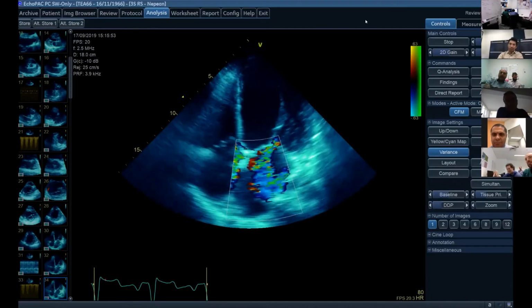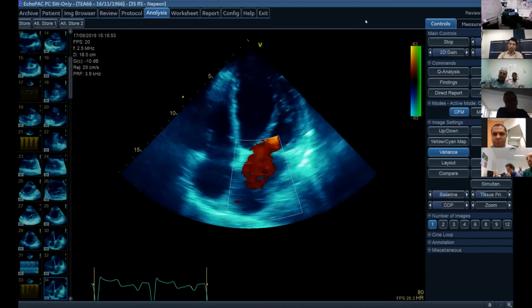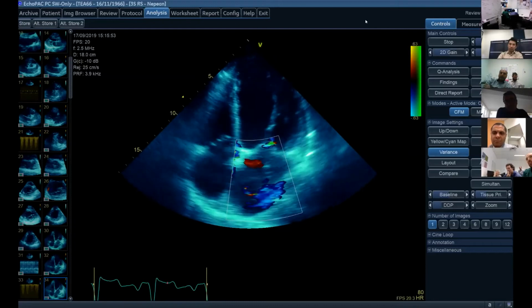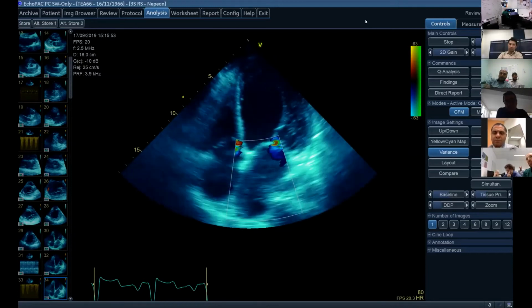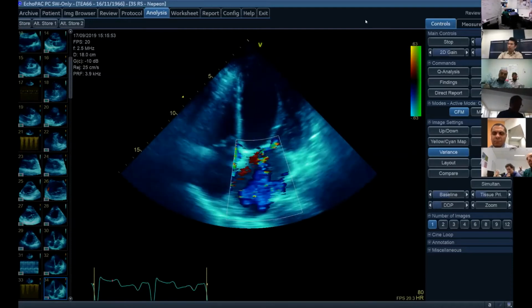Because it's a three-dimensional problem, and you're only looking at it one-dimensionally in the parasternal long axis view. You want to pan the probe across to the jet and look at the filling of the left atrium in other views as well, I guess.